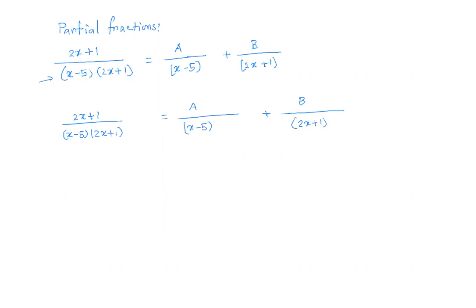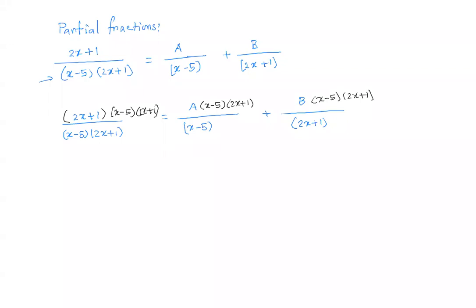Now I'm going to multiply both sides of the equation by (x - 5)(2x + 1).